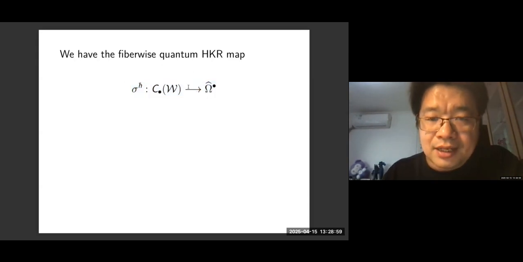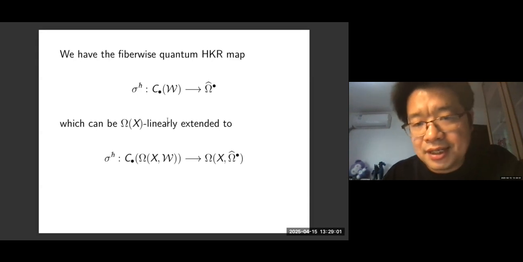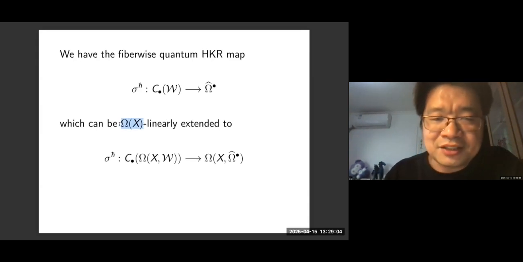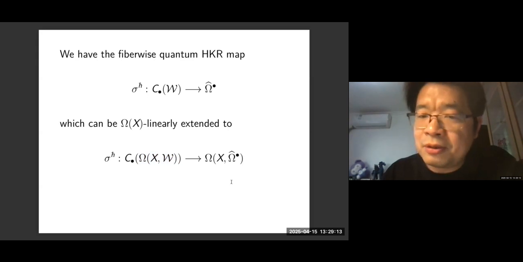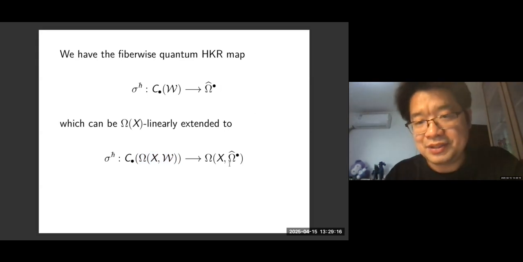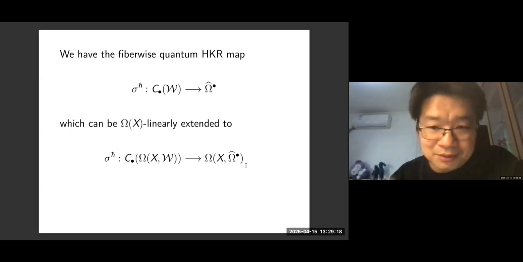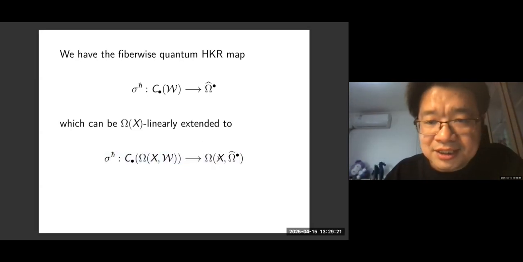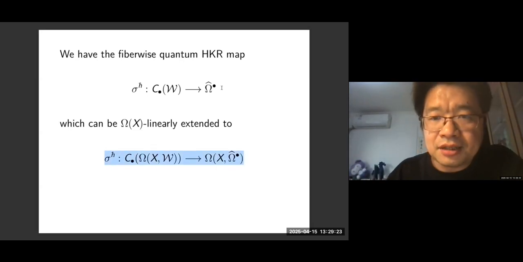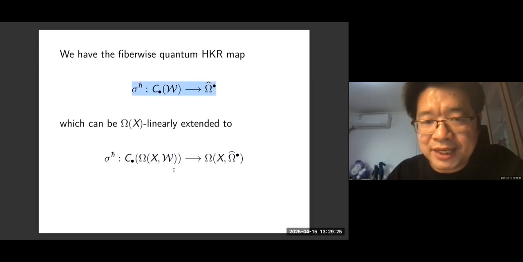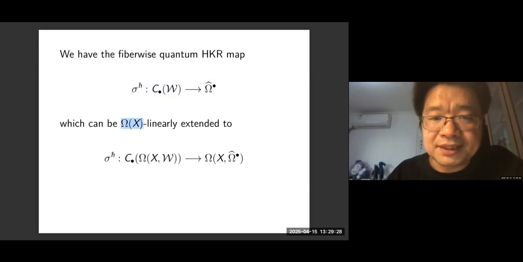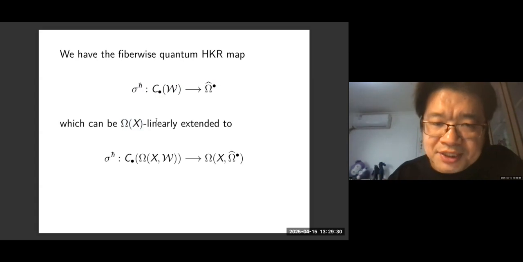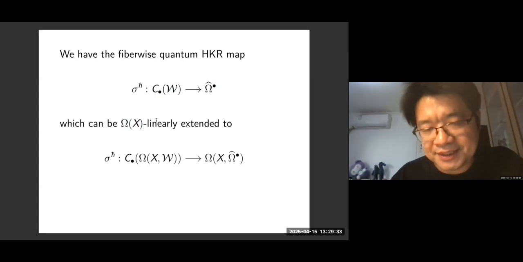Then you can also linearly extend with coefficients in differential forms to a map from the Hochschild chain complex of differential forms valued in this algebra to differential forms valued in these fiber-wise differential forms. The terminology is a little bit confusing, but it's basically extending the previous fiber-wise construction by adding differential forms. We want to work with connections, flat connections, basically the modules.